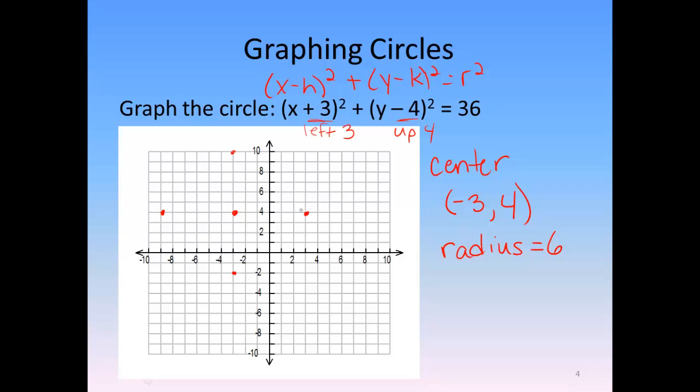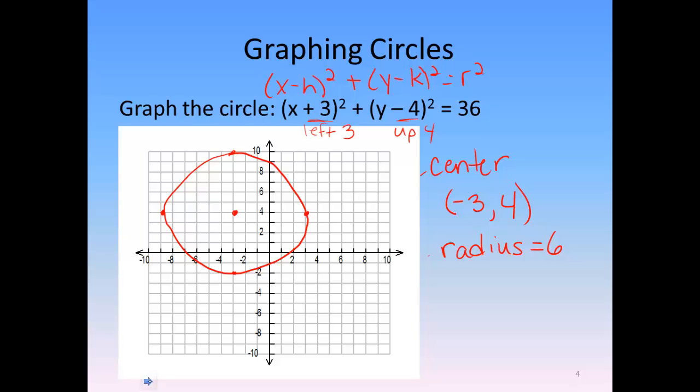Those are 4 points on my circle. I connect these points as best I can, trying not to make it look like a diamond, and there's the graph of my circle. So you'll be responsible for being able to draw the graph, name the center, and name the radius.